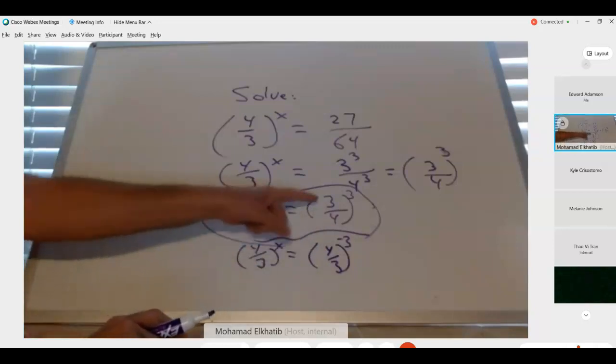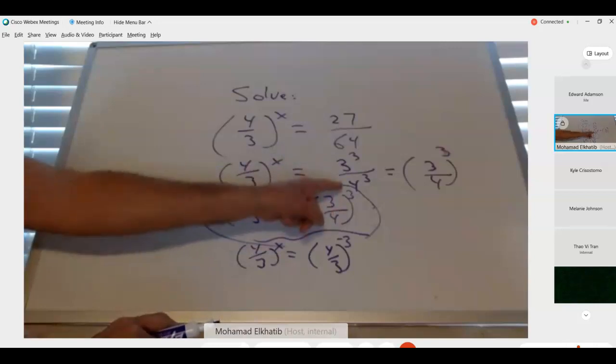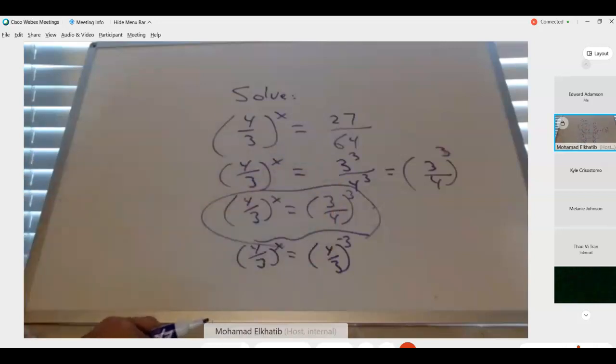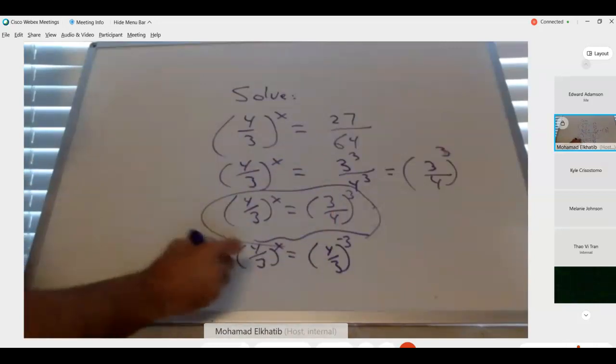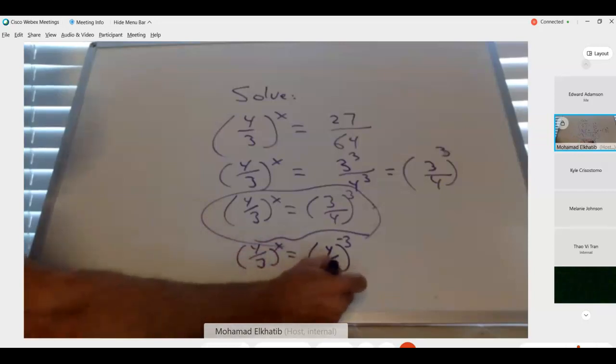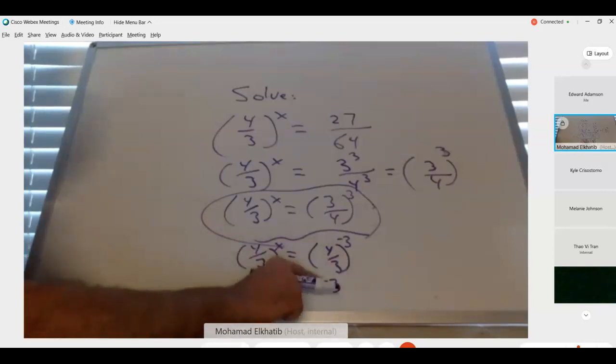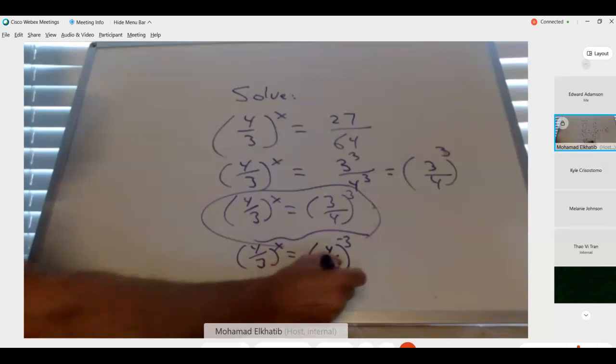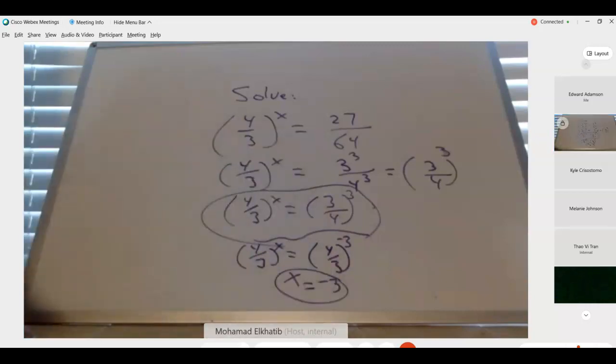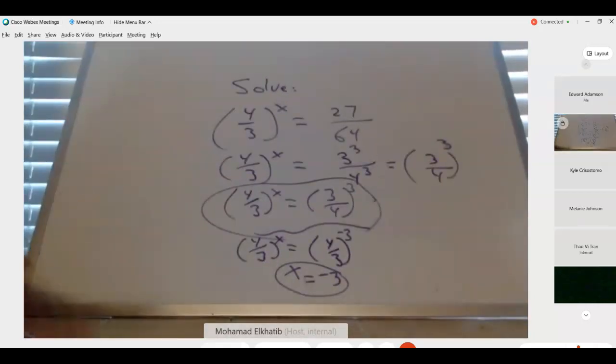So if I want to make 3 over 4 into 4 over 3, the exponent becomes negative. Now the bases are the same. That means I'm ready to go, and the answer is x equals negative 3. And with this one, we're done with one big part of exponential equations.